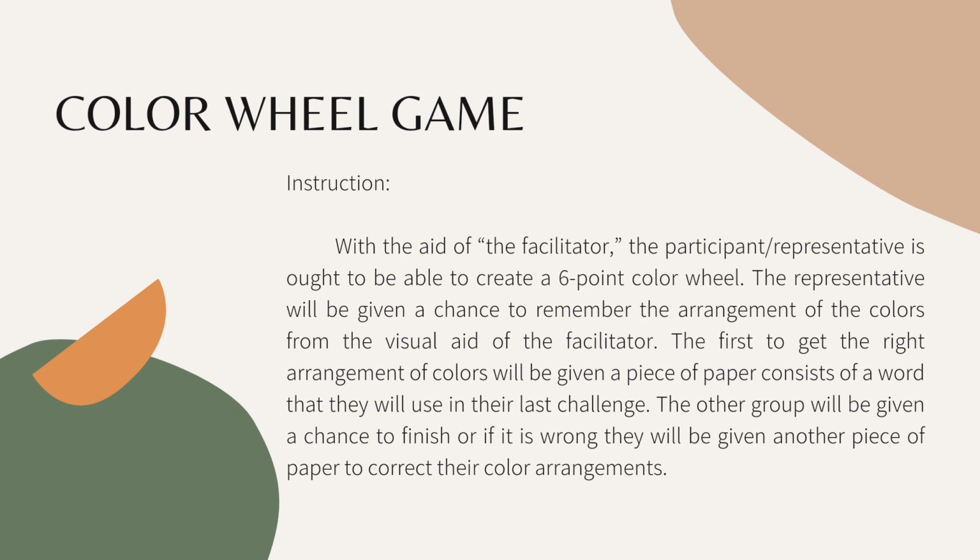The representative will be given a chance to remember the arrangement of the colors from the visual aid of the facilitator. The first to get the right arrangement of colors will be given a piece of paper consisting of a word that they will use in their last challenge. The other group will be given a chance to finish, or if it is wrong, they will be given another piece of paper to correct their color arrangements.